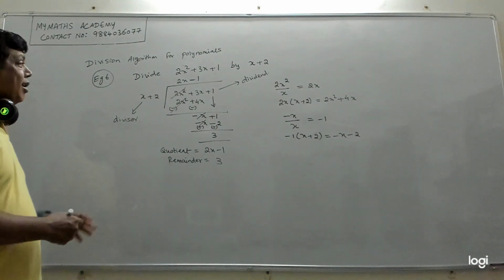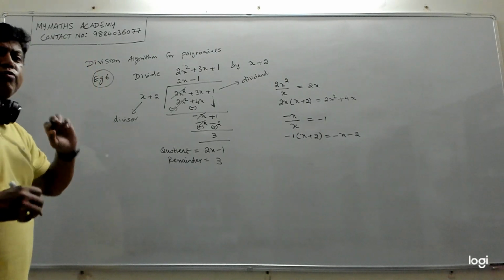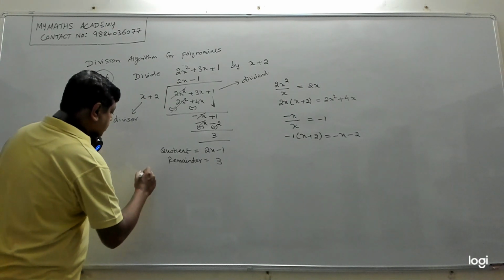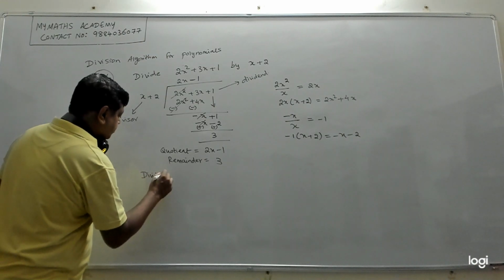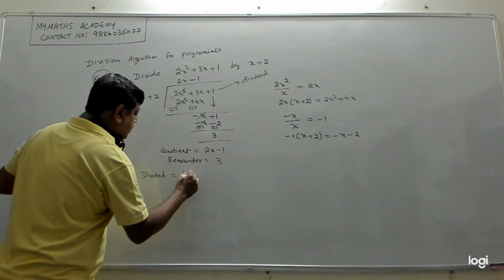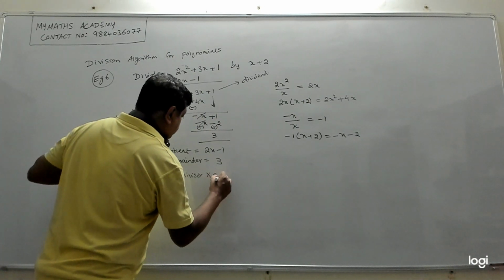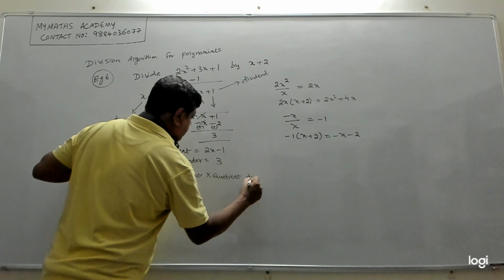So then what the division algorithm for polynomials says is that your dividend is equal to divisor into quotient plus remainder.